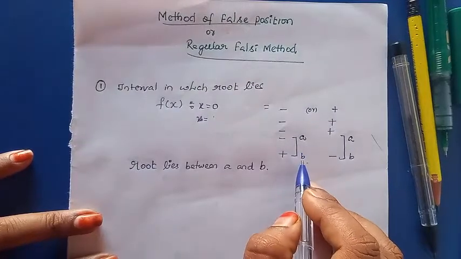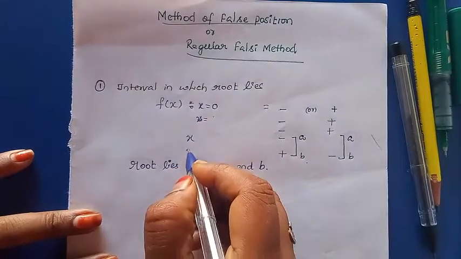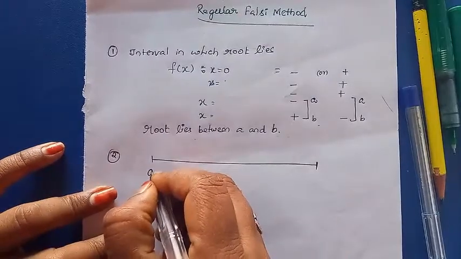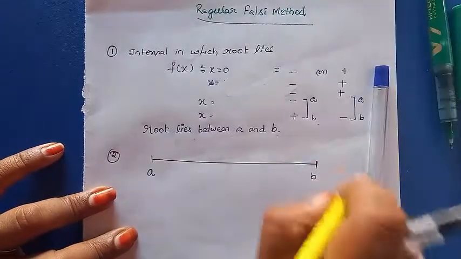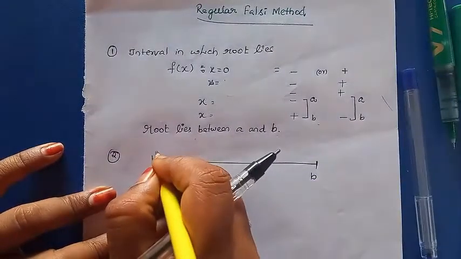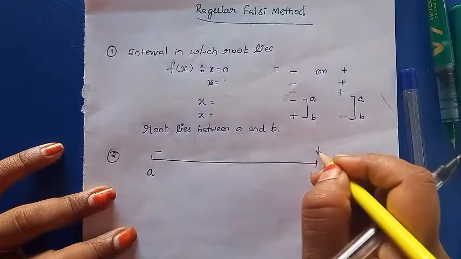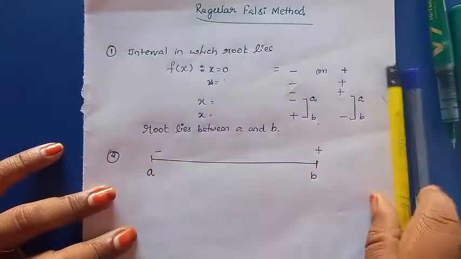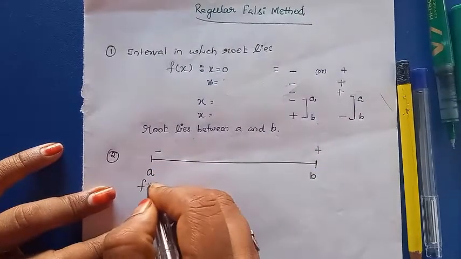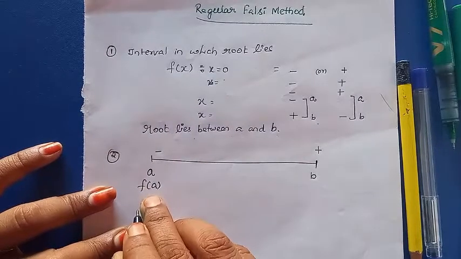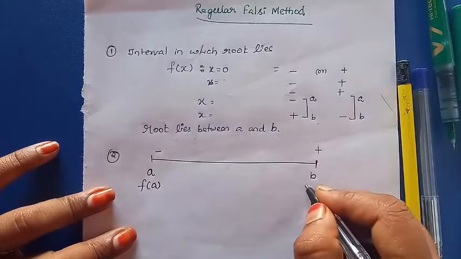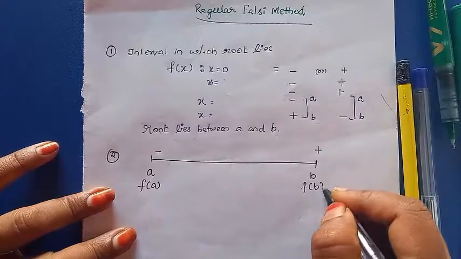This a and b are the x values you are substituting. Let me take this as a and this as b, each with opposite signs, one minus and one plus. Substituting a in the function f of x gives f of a, and substituting b gives f of b.